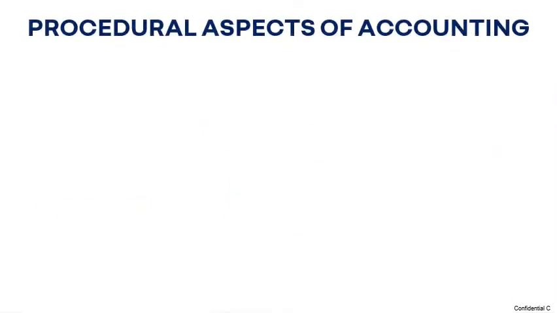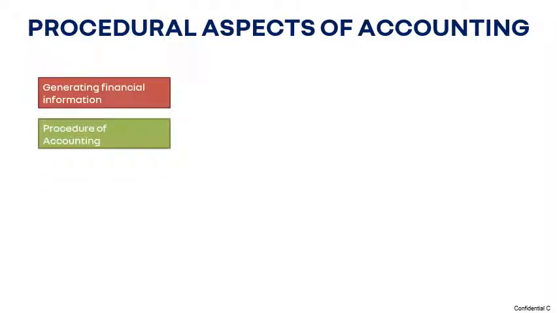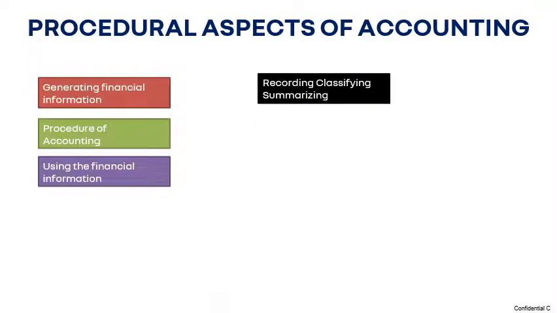Let us understand the procedural aspects of accounting. Accounting generates financial information, and also gives the procedure of accounting. How do we use the financial information? How do we record, classify, and summarize the transactions?